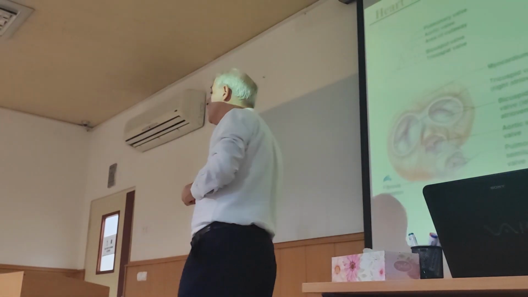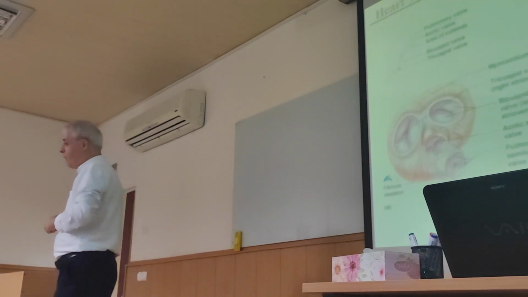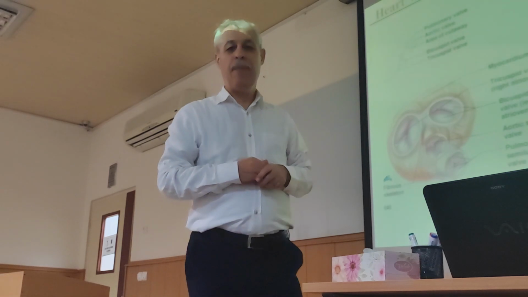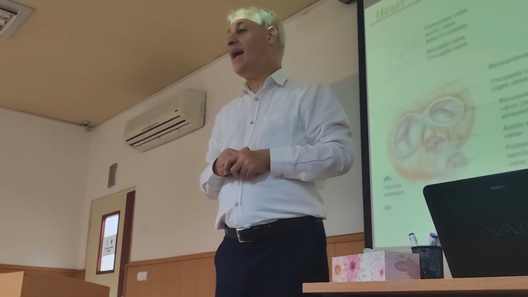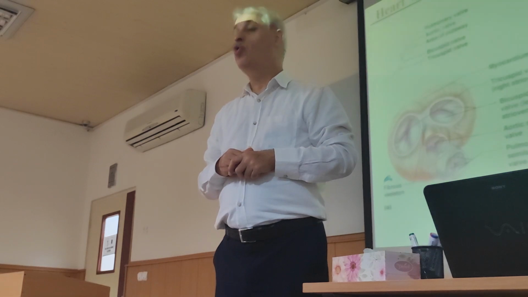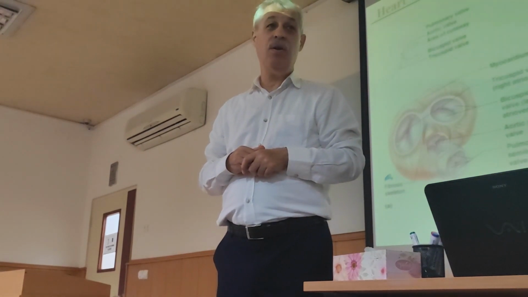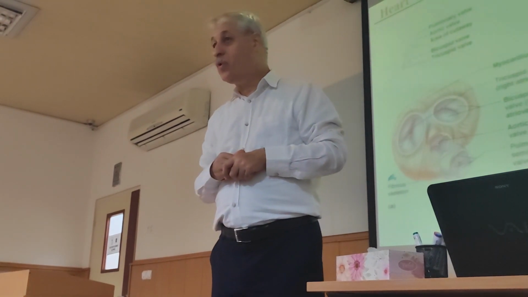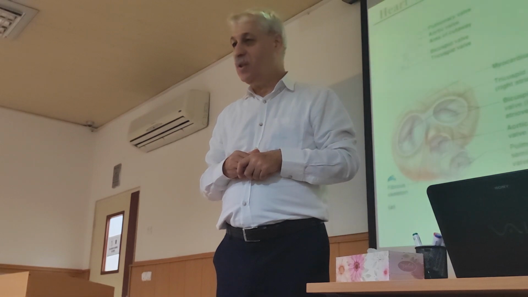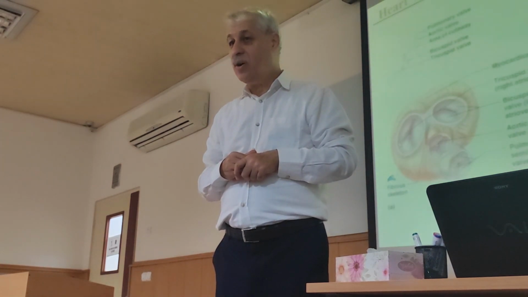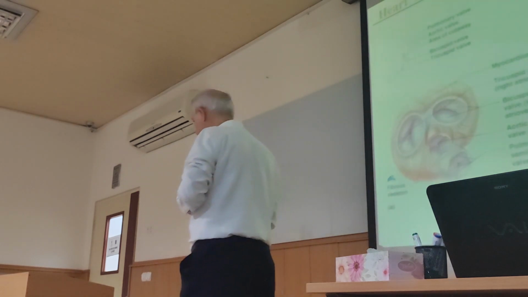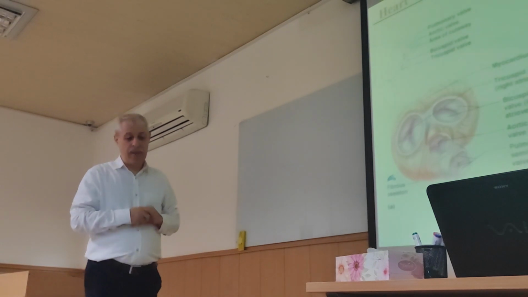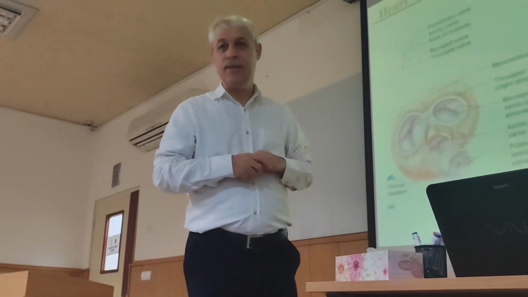From the left circumflex artery, we have branches to the obtuse margin of the left ventricle, which are called OM, obtuse margins. So diagonal arteries are branching off the LAD, left anterior descending, and OM arteries, obtuse marginal, from the left circumflex.